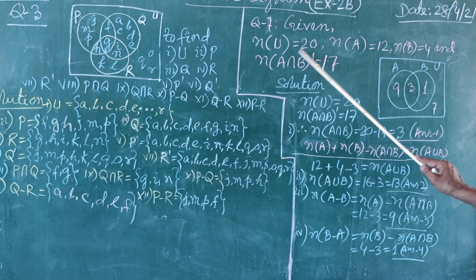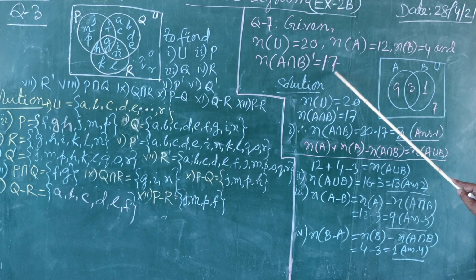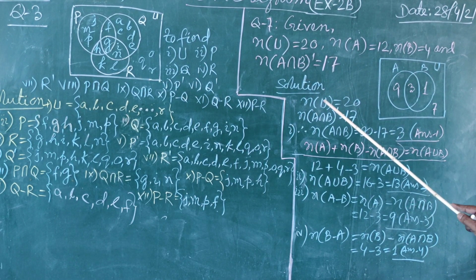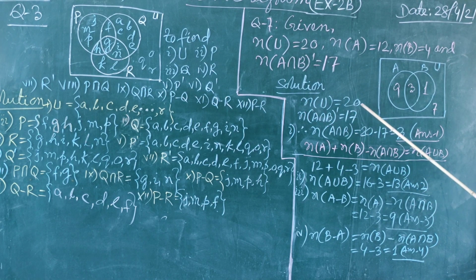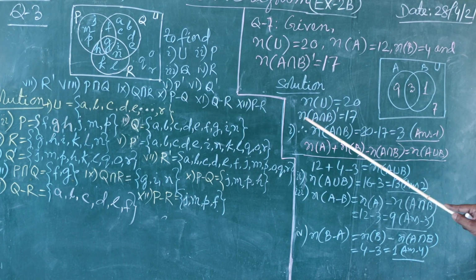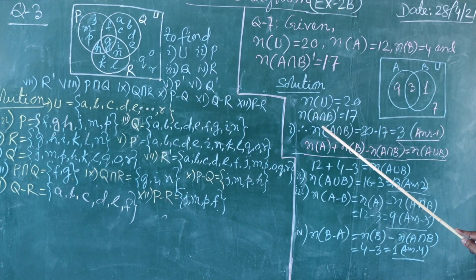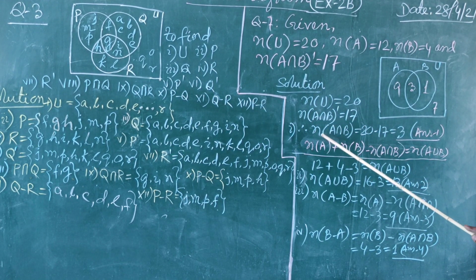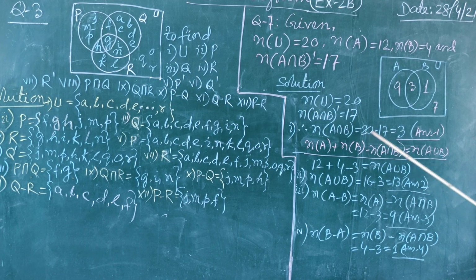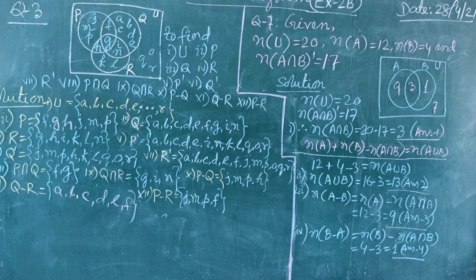That means how much is lying in the intersection part? Given n(U) is equal to 20, n((A intersection B) complement) is 17. Therefore, n(A intersection B) will be 20 minus 17. That is the first answer.